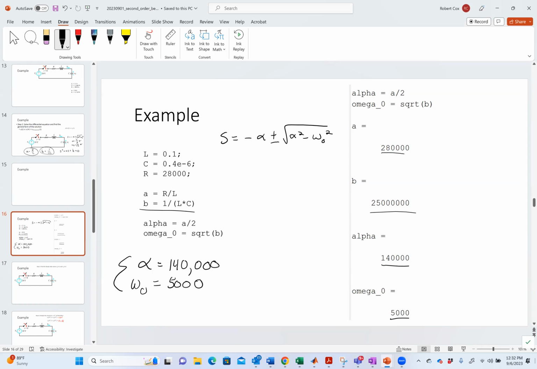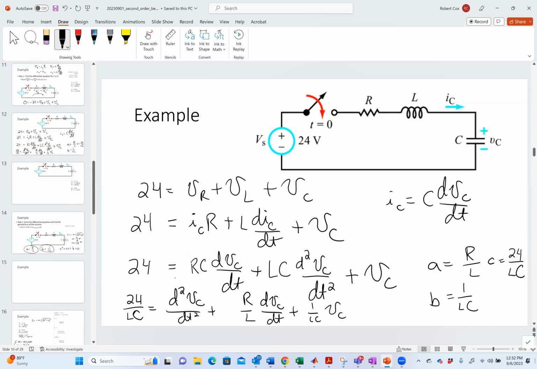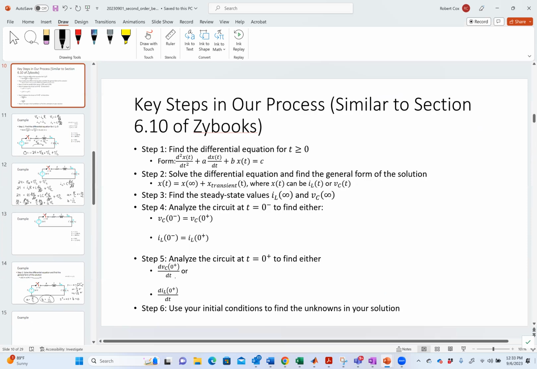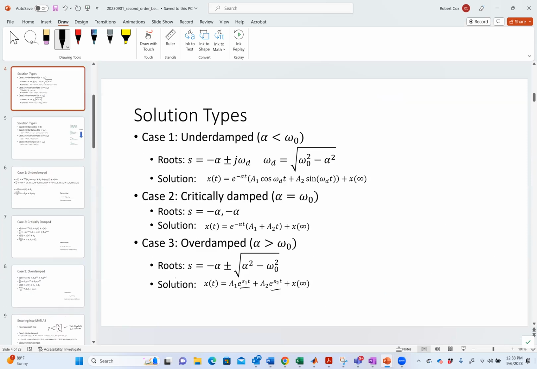Yeah, the thing under the radical sign is positive. So if I go back to my general types of solution, this should be overdamped. When it's overdamped, alpha is bigger than omega naught, and my roots are real.